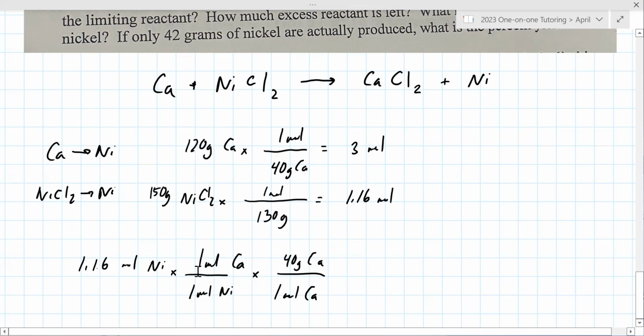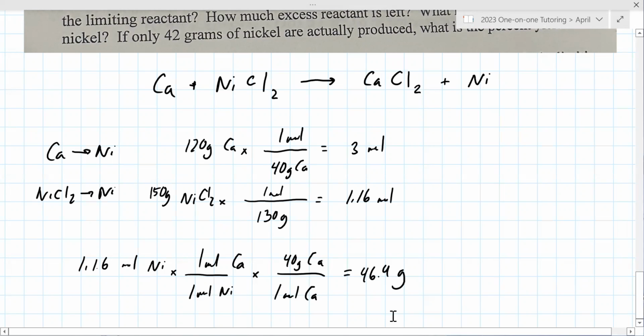So you're basically saying, how much did I actually need? I didn't need 120 grams. I only needed 1.16 times 40, which is 46.4 grams. Okay.